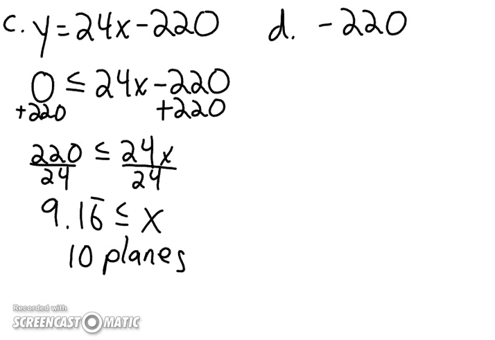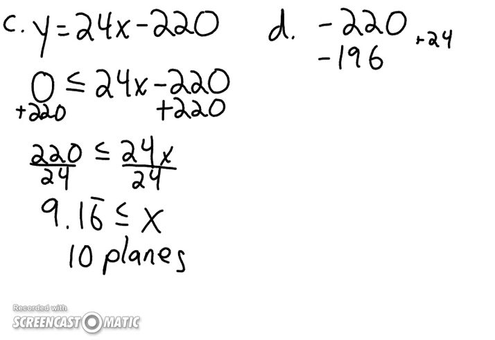But I want to explain the question just a little bit more. If she sold one plane, that would add $24 because she sold it for $24. She'd have negative 196 as part of her range. Now, let's be clear that she can't have any numbers in between those. She's either selling the plane for $24 or she's not.